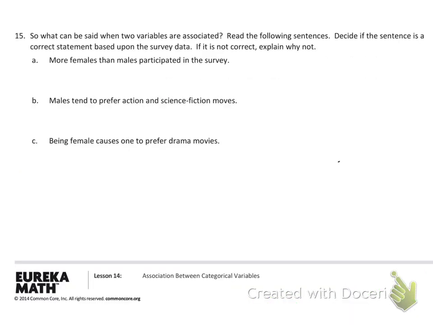All right, last question here, 15. So what can be said when two variables are associated? Read the following sentences and decide if the sentence is a correct statement based upon the survey data. If it's not correct, explain why not. More females than males participated in the survey. Yes, that's correct.